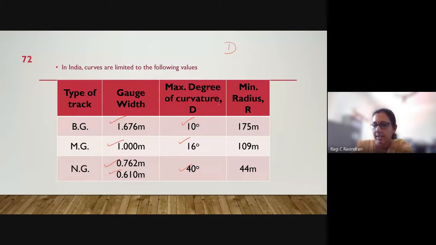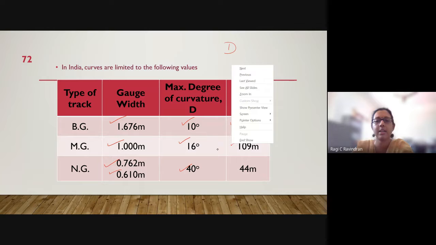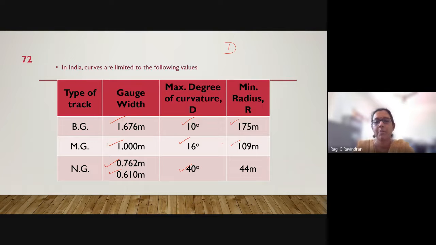And in this case, the radius of your curve should not be less than 175 meters in the case of broad gauge, then 109 meters in the case of meter gauge, and 44 meters in the case of narrow gauge. Okay, these are the standard values.